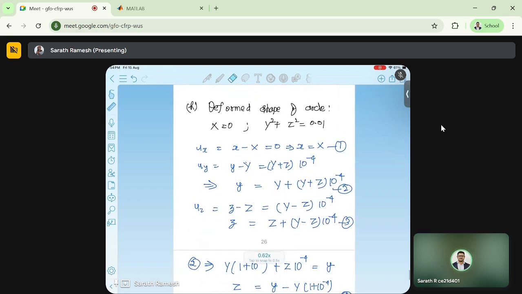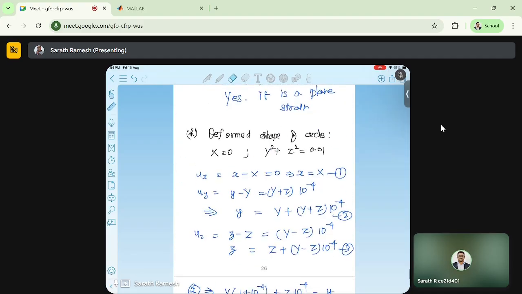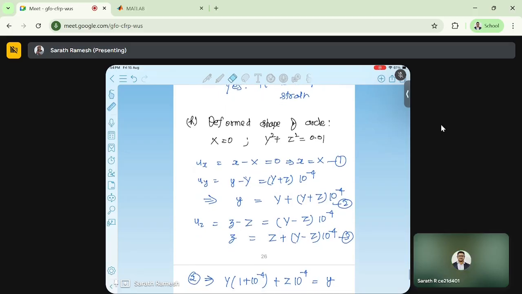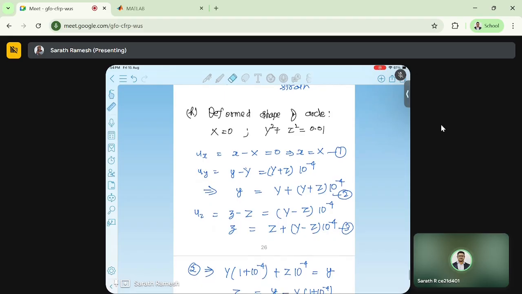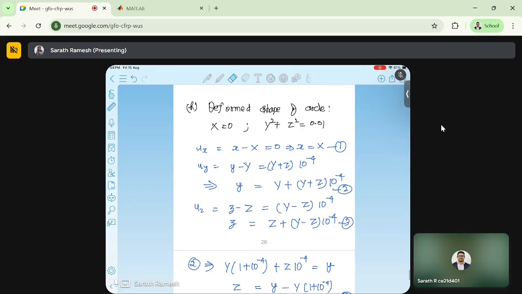By the way, let me do this in terms of a matrix so that it is very easy for us. Instead of writing all these equations, we can use the concept of the deformation gradient.